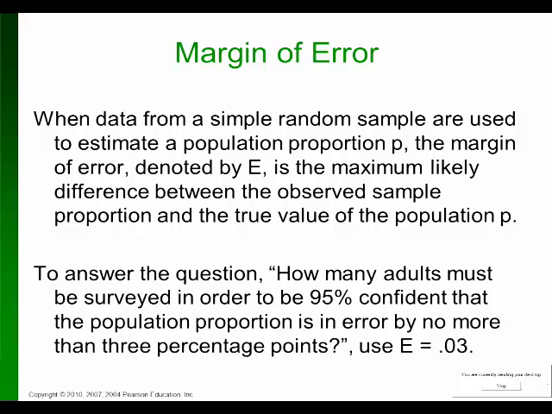So E is that acceptable amount of error that somebody decides. If you say, how many adults must be surveyed in order to be 95% confident that the population proportion is in error by no more than 3%, then I'm going to use E as 0.03 because that's 3% written as a decimal.